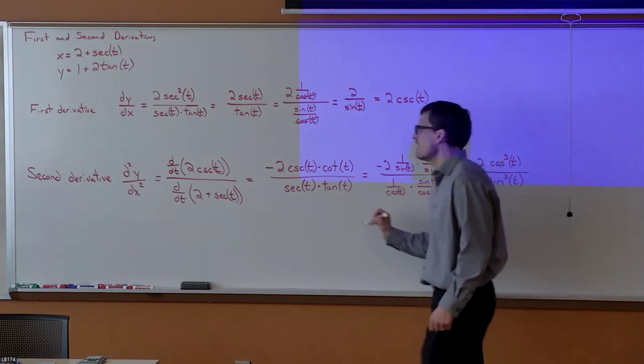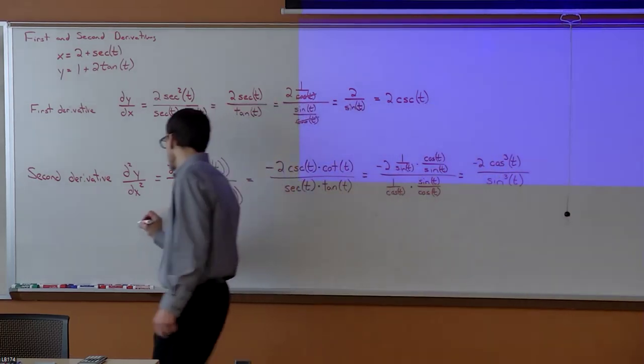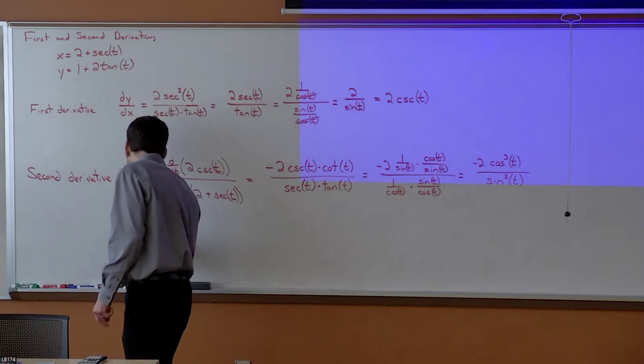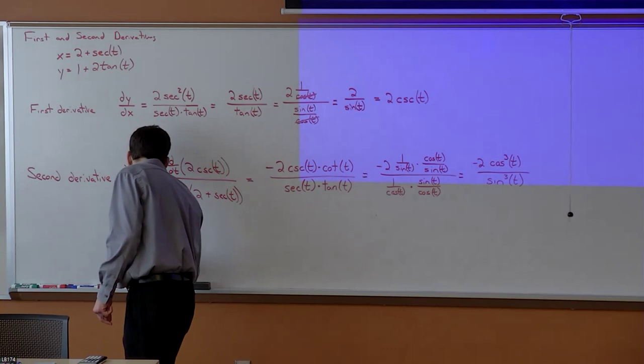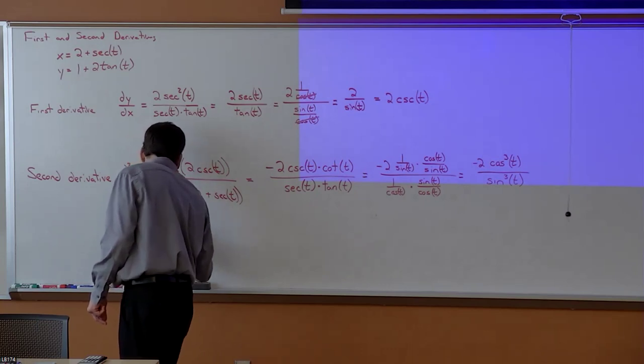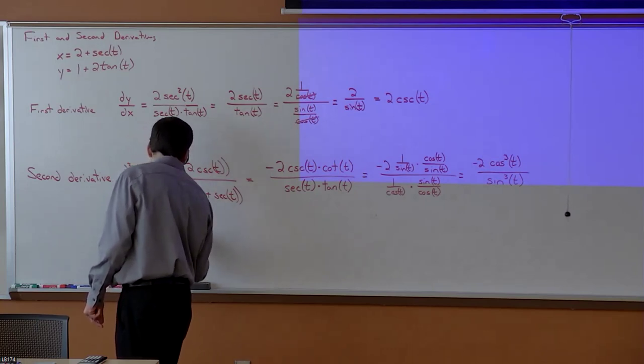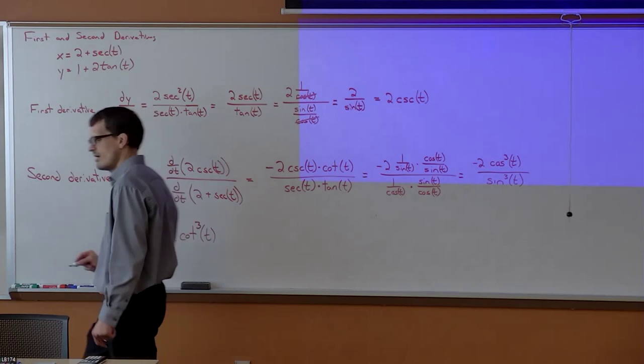So when all this is said and done, my second derivative is negative 2 times cotangent to the third power of t.